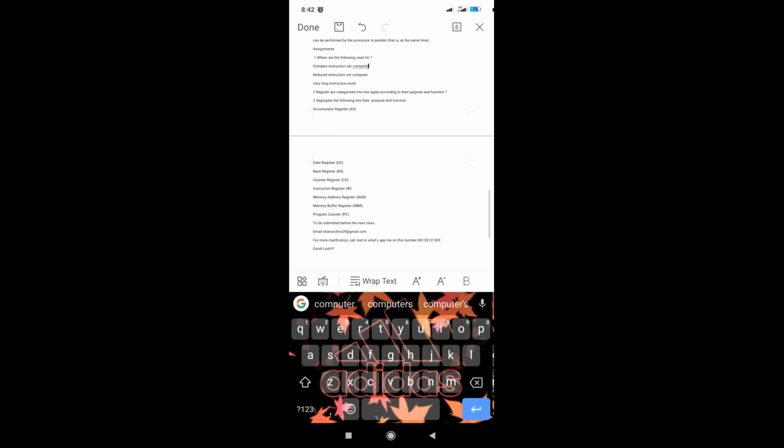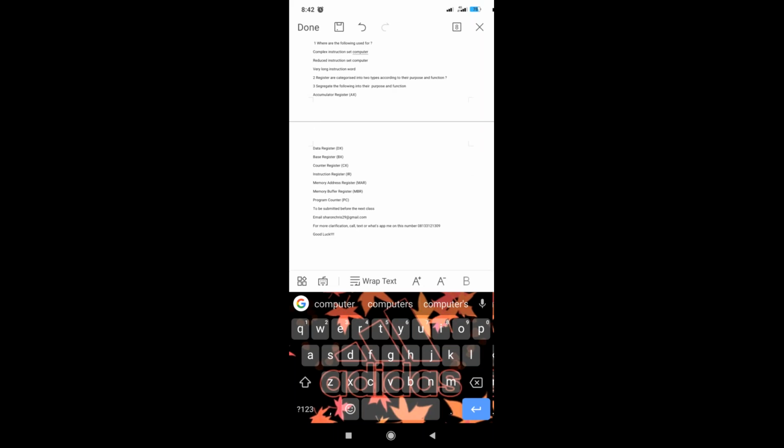We have data register, DX, base register, BX, counter register, CX, instruction register, IR, memory address register, MAR, memory buffer register, MBR, program counter, PC.